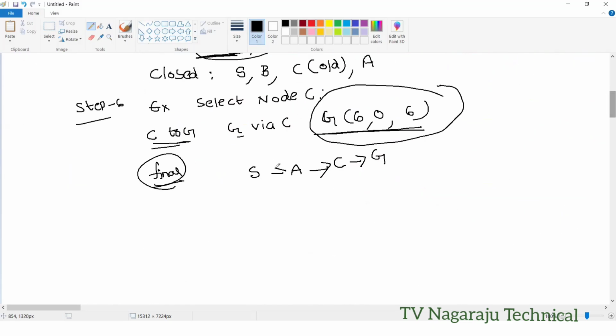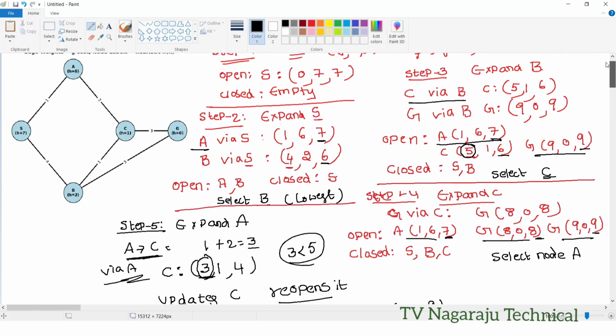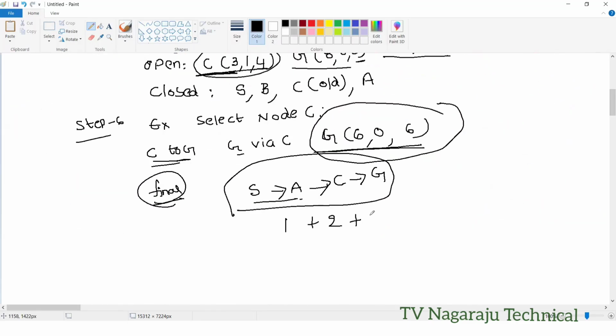S to A. This is the final best path. Now S to A, the cost is 1. A to C, the cost is 2. C to G, the cost is 3. 1 plus 2 plus 3. This is the least cost for reaching from the start node to the end node.